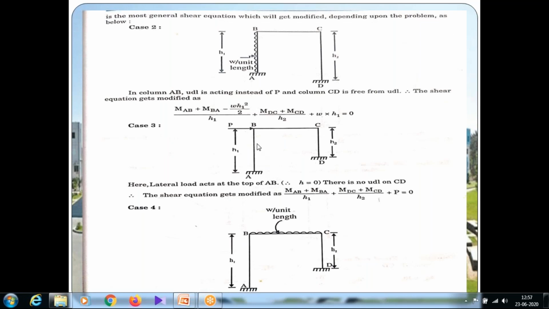Okay, now we'll see case 3. In case 3, we don't have any loads in span AB and span CD. We have only one load, that is P, acting at joint B only.